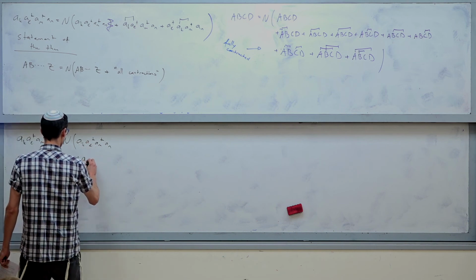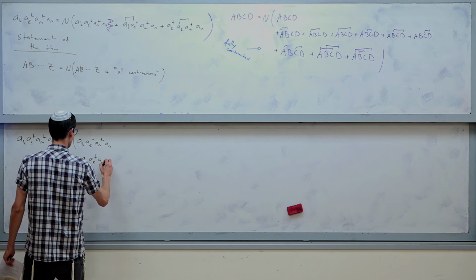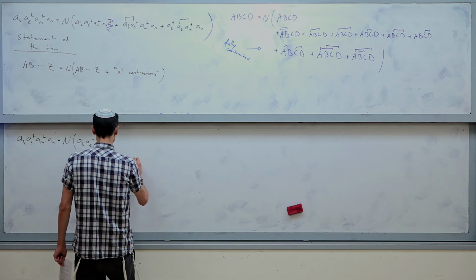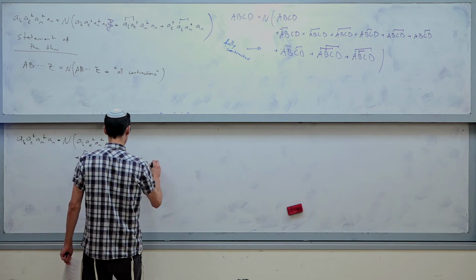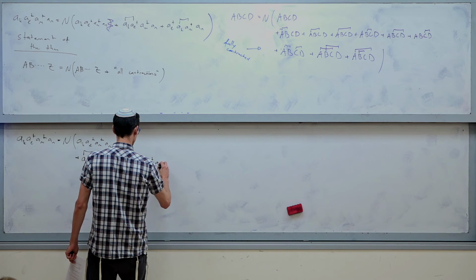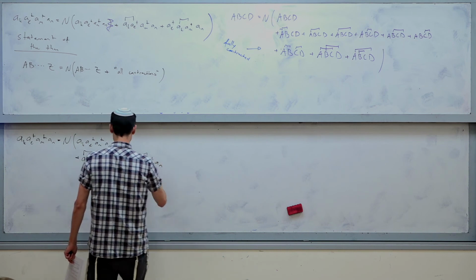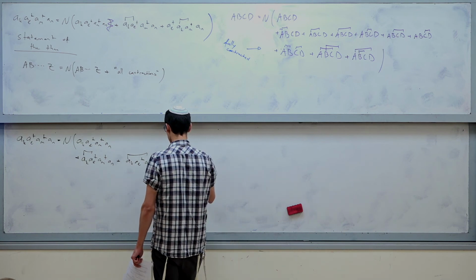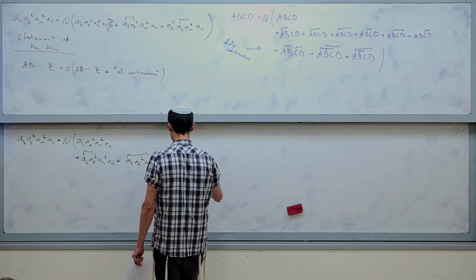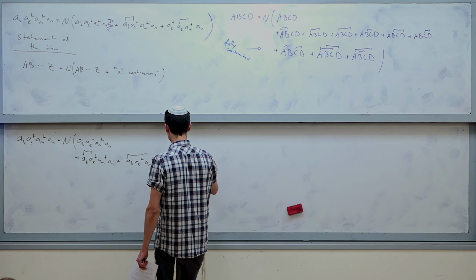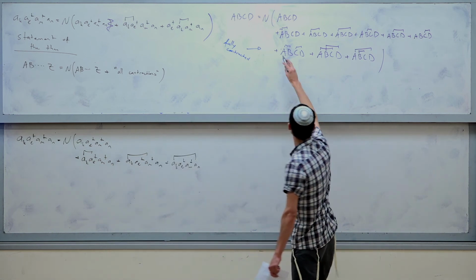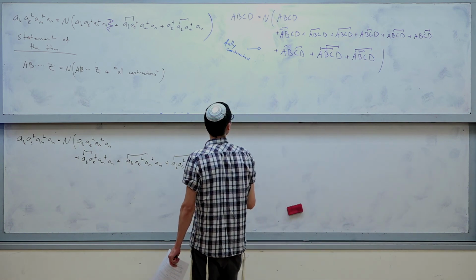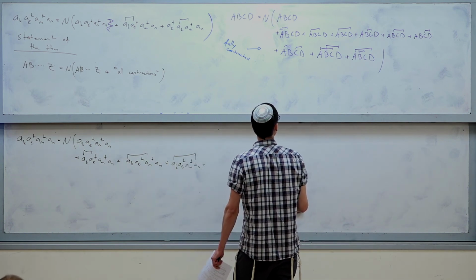So I need to try contractions. The first option is to contract the first two. Second option, the first and the third. It's much easier when you use a computer because you just do copy paste. I can contract the first and the fourth. Okay, so that's the first 3. I can now contract the second and the third.